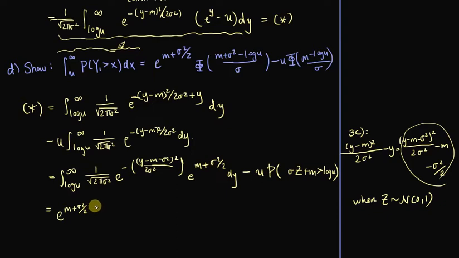So that is equal to the probability of m plus sigma squared plus sigma multiplied by z, the probability of that being greater than log u. And then we say minus u multiplied by the probability that sigma z plus m is greater than log u.